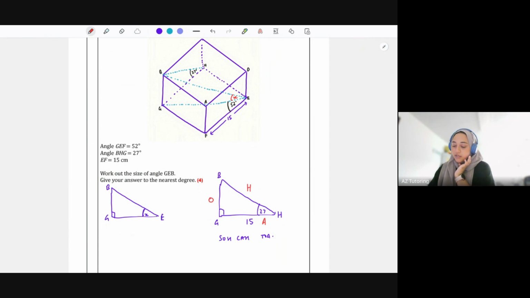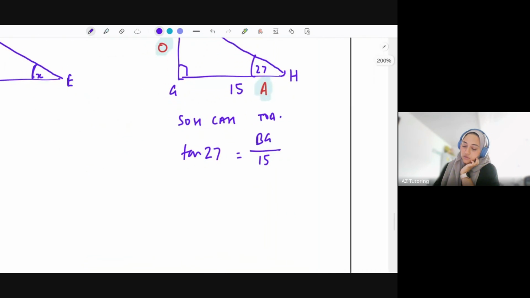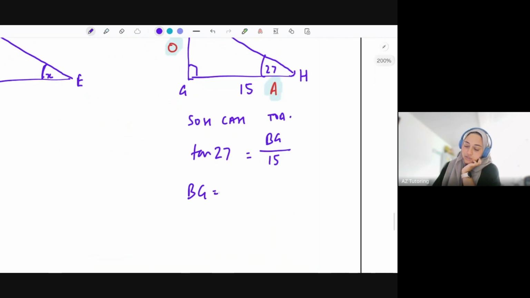Now, because we're finding BG, I'm going to be using O, and I've already got A, so I'm going to be using tan. So that means tan of our angle 27 equals opposite, which is length BG, over adjacent, which is 15. So rearranging this, BG just equals 15 times tan 27, and that gives me 7.64288.